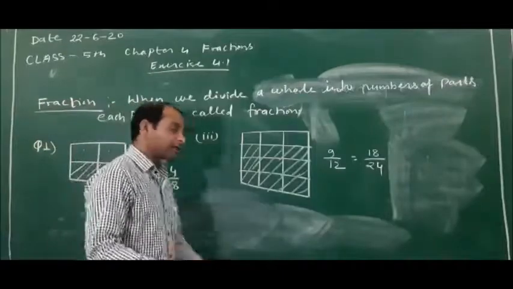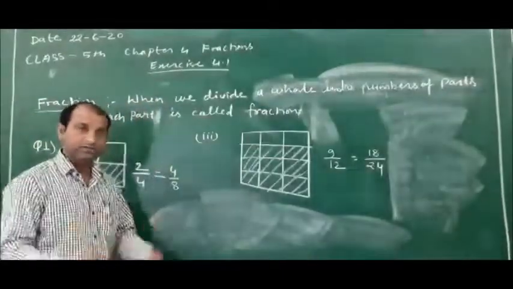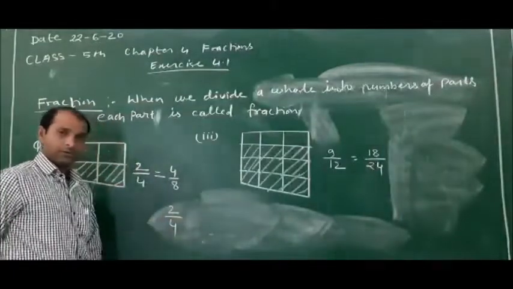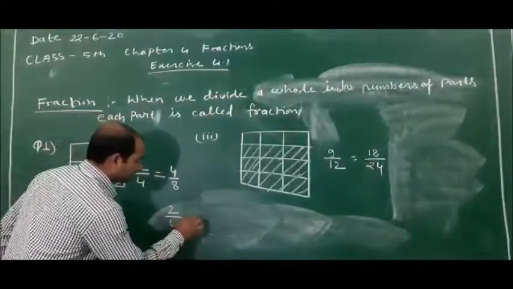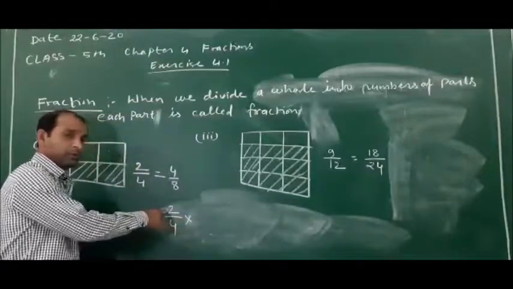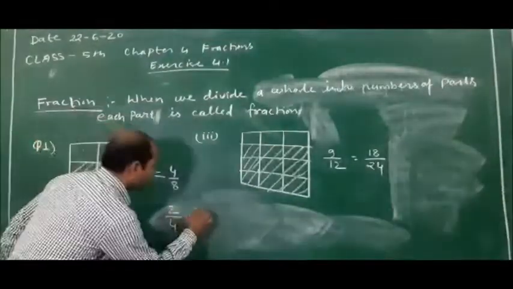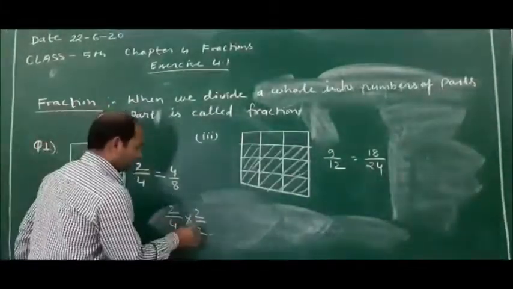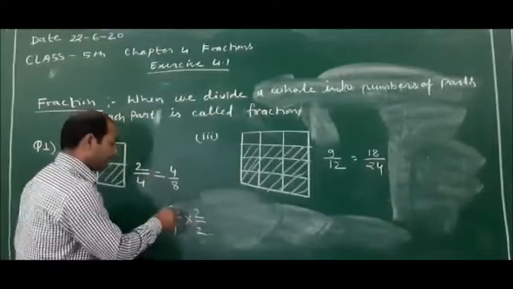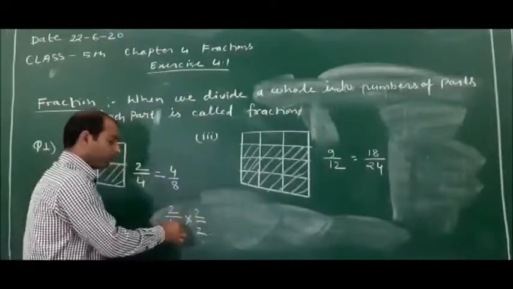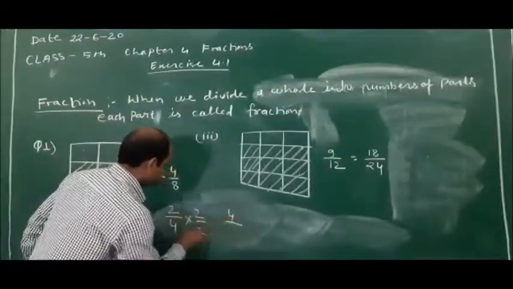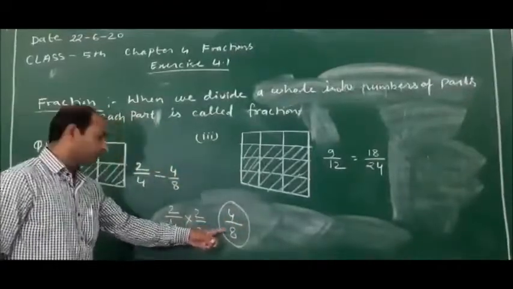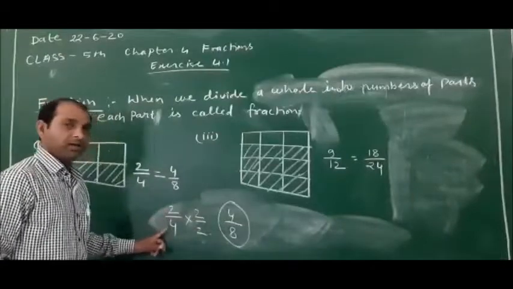And we need an equivalent fraction. How do we find the equivalent fraction? Equivalent fraction of 2 upon 4: if we multiply both numbers, numerator and denominator, by 2 or 3 or 4 or 5, any number, but the same number, we multiply numerator and denominator. 2 2s are 4 and 4 2s are 8. 4 upon 8 is the equivalent fraction of 2 upon 4.